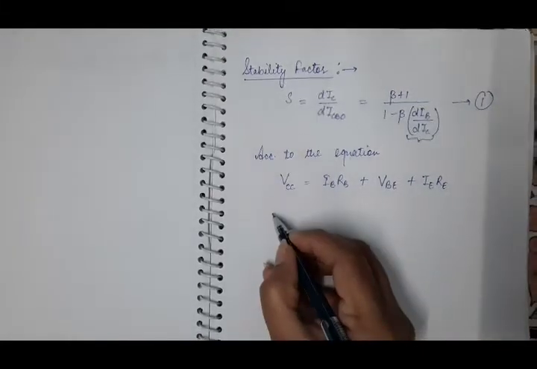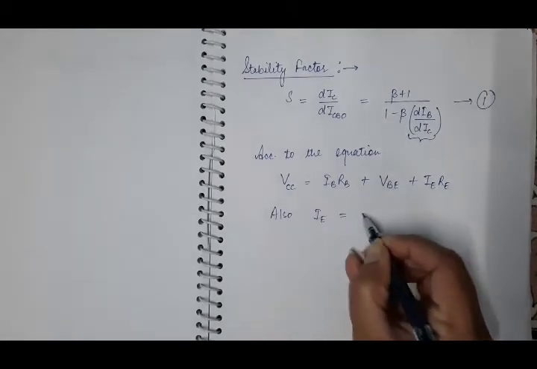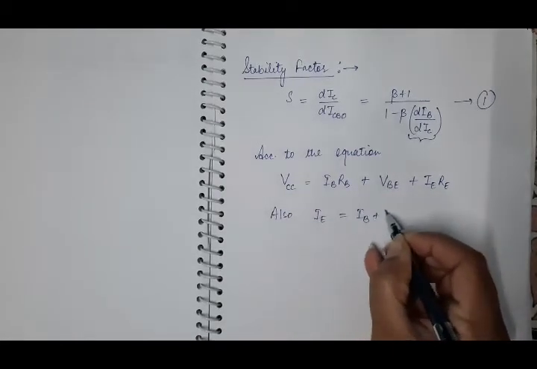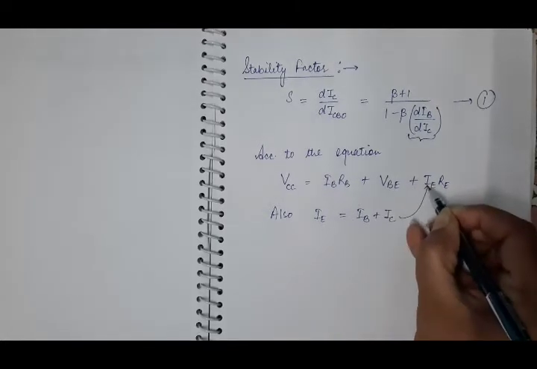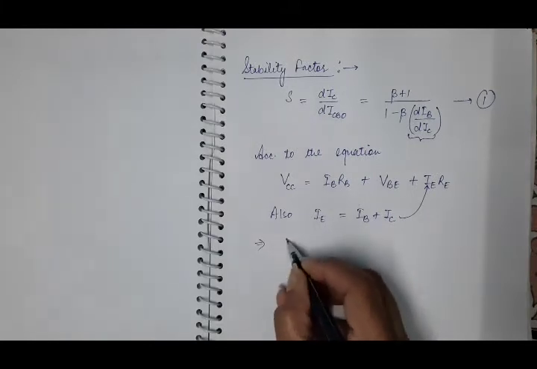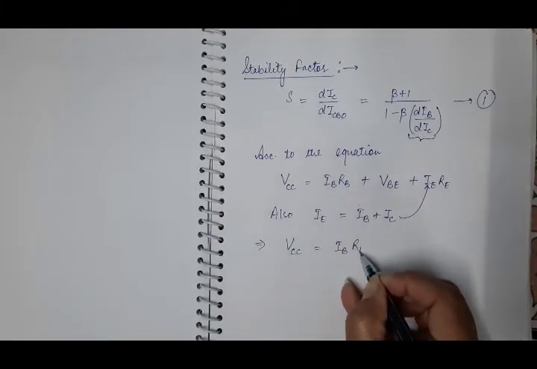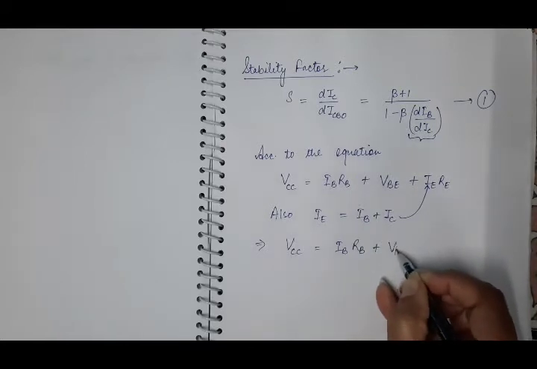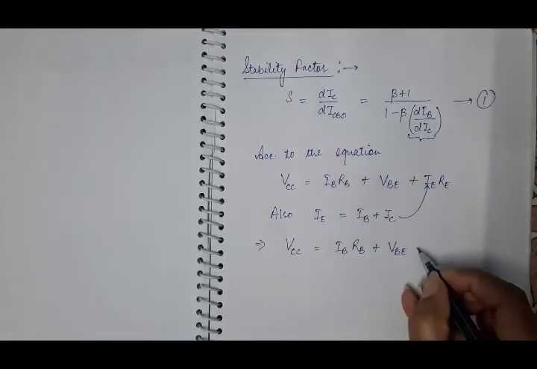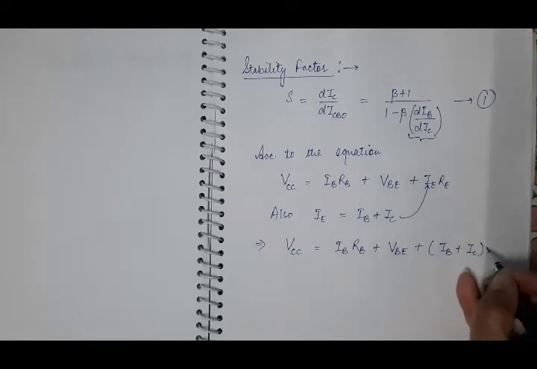And we know that this IE is equal to IB plus IC. So put this value in this equation. Then we get VCC is equal to IBRB plus VBE plus (IB plus IC)RE.